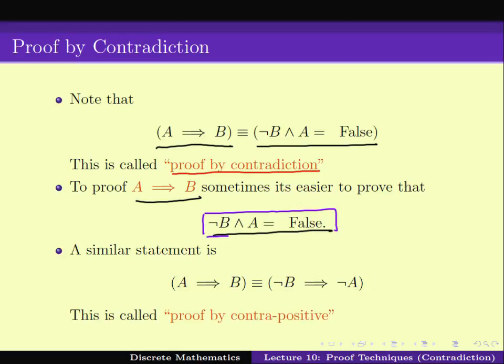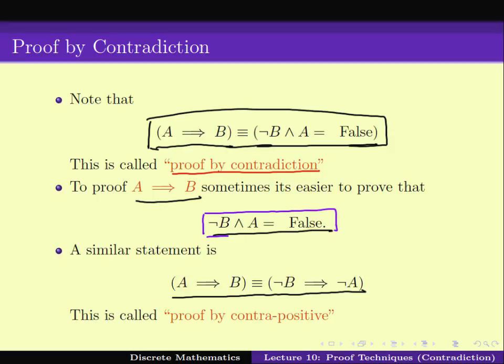From this particular expression that we have, a similar statement can be drawn which is also of this form. That A implies B is equivalent to not B implies not A. This is called the proof by contrapositive, and we will be using this technique after a couple of videos.